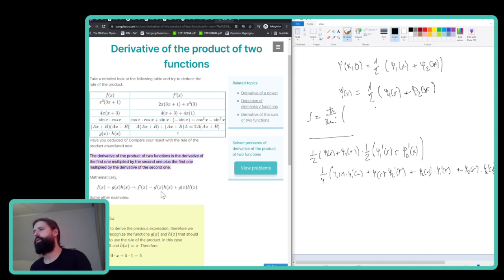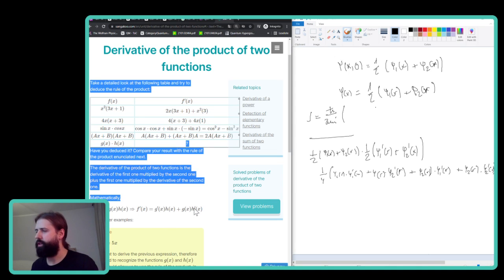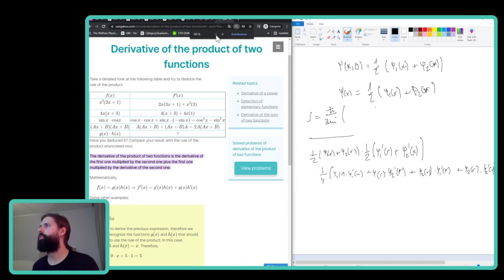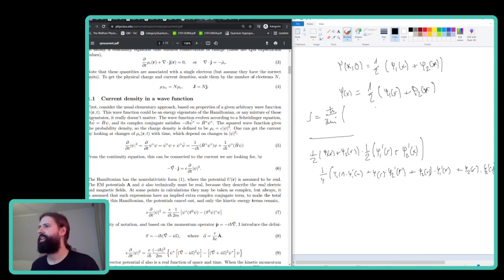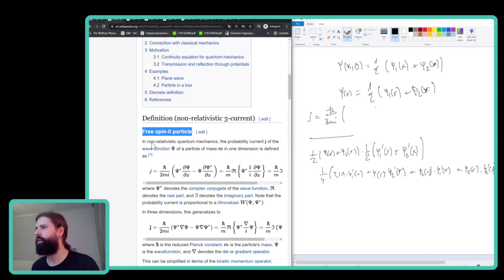Yeah, there you go. That is why. It's always satisfying when you find these things. That actually explains why, not why the sine function is there, but it explains why this is here, because it's the derivative of the probability density.